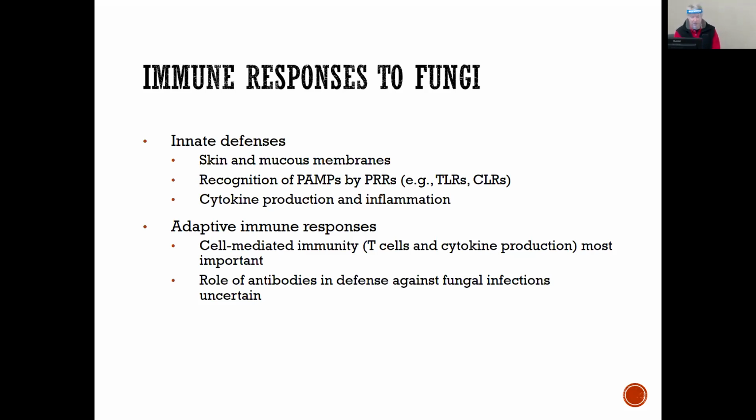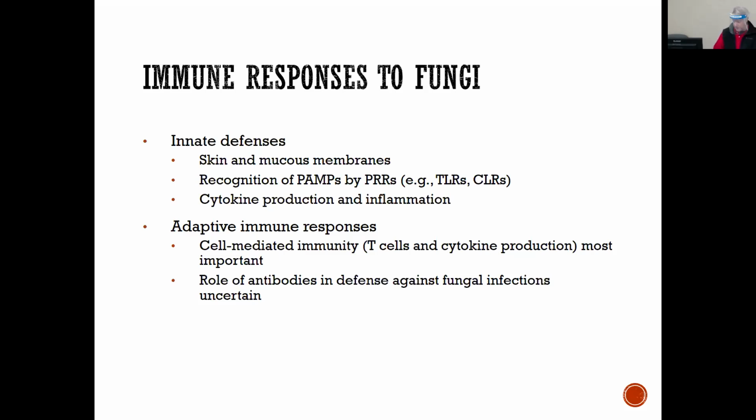Okay, so after the innate defense, we also have active immune responses. Your book goes into the TLRs, and we went on through here where we have a lot more information about the TLRs and CLRs and how fungal recognition occurs. Then there's a couple of organisms here, Cryptococcus and histoplasmosis.